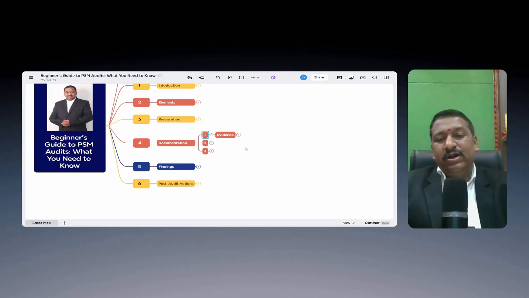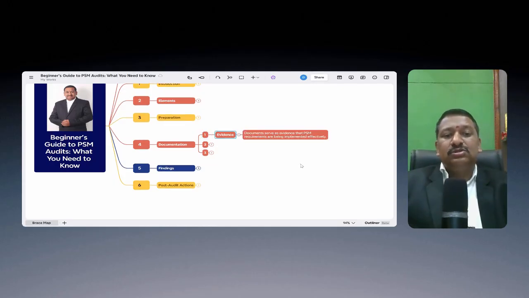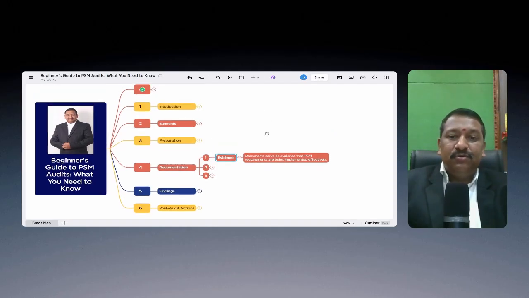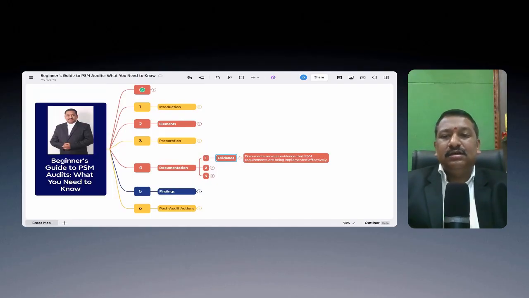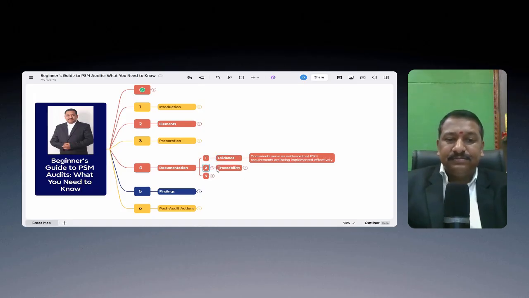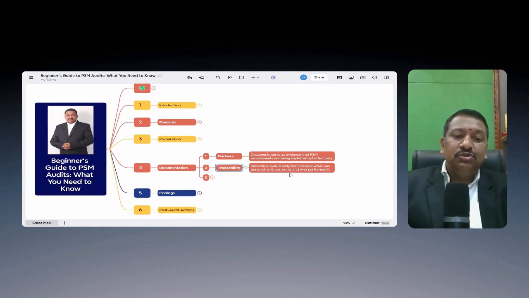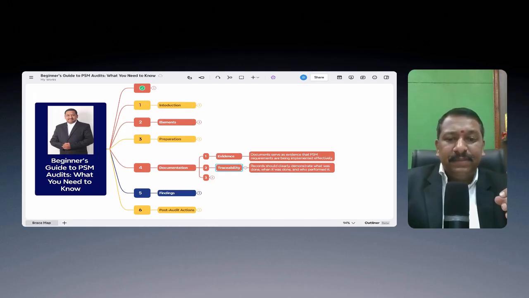Then the fourth is documentation. In the documentation part, there is evidence. Documents serve as evidence that PSM requirements are being implemented effectively. If we are not able to record the evidence, then the documentation will be weakened. Then traceability: the record should clearly demonstrate what was done, when it was done, and who performed it, so that valid documents can be produced.